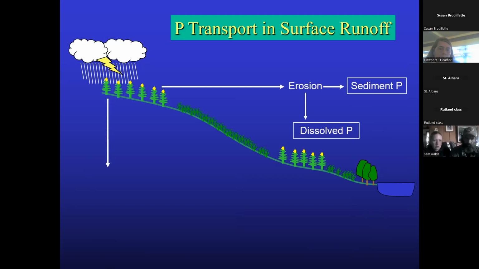The primary one that we see in most cases is phosphorus stuck to soil, and we lose that in the form of erosion. That is called sediment bound phosphorus. The second type we are at risk of losing on our farms is dissolved phosphorus, which is basically phosphorus in water.